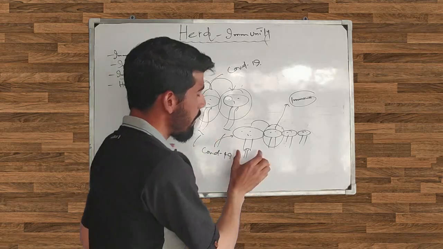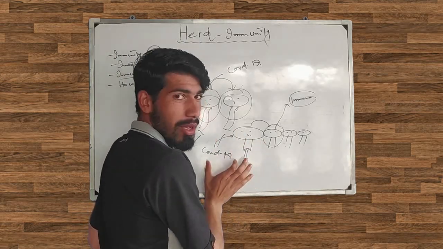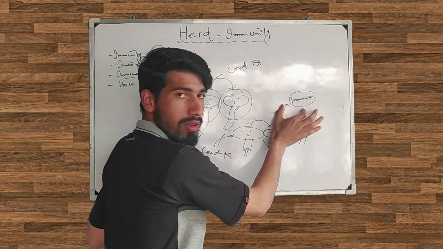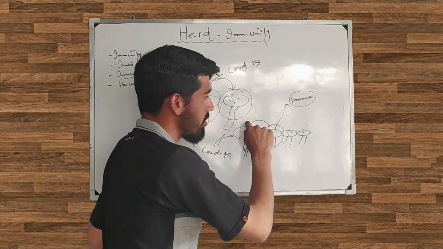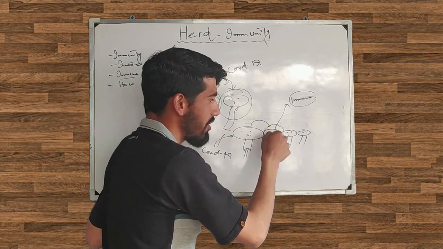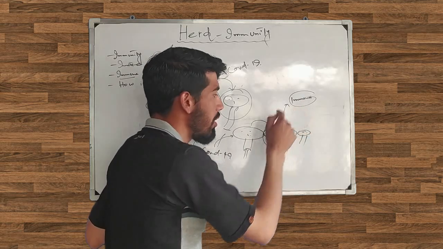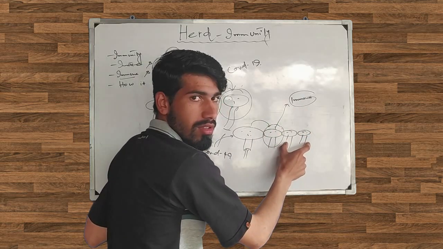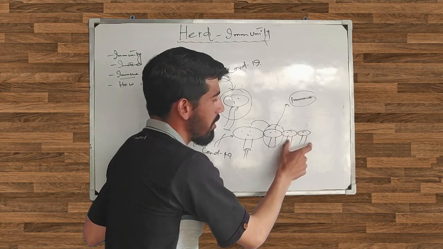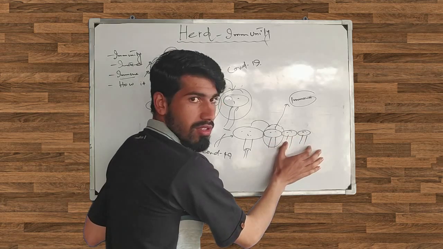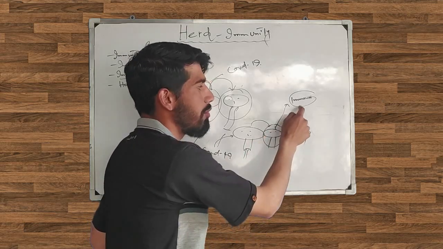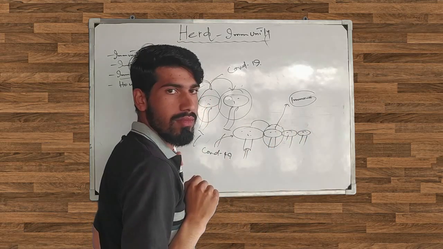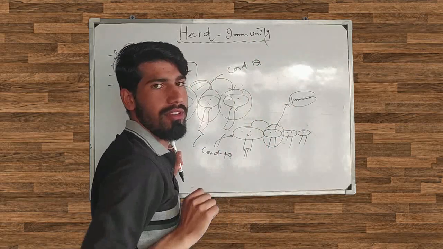So this person is infected by COVID-19 and this person is immune. When this person tries to transmit COVID-19 to this person, it is immune, and the persons further behind do not catch the disease with the help of this immune person. That is called herd immunity.